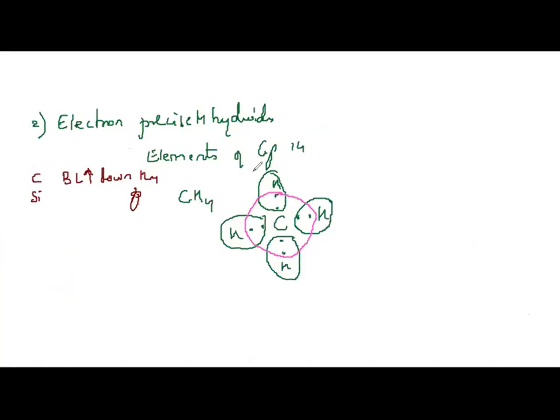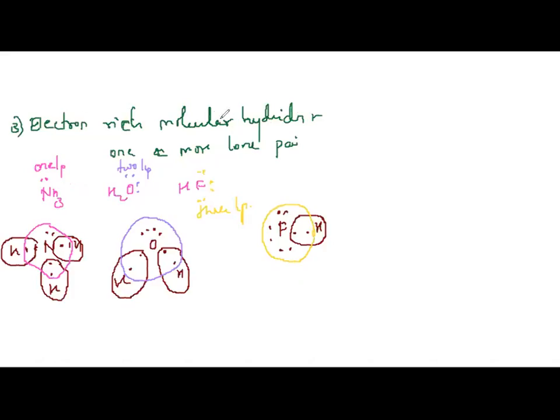Then we have electron precise hydrides, especially group 14 elements show such type of hydrides. They have an octet number of electrons on the central atom. Next is electron rich molecular hydrides. They also have an octet number of electrons on the central atom, but the difference is that electron rich molecular hydrides contain one or more lone pairs of electrons.